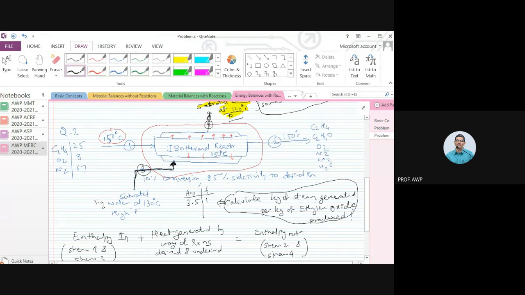It is used in... anybody knows where ethylene oxide is used? Polymers. Which polymer? Which polymer?